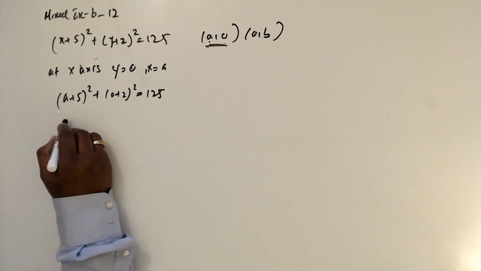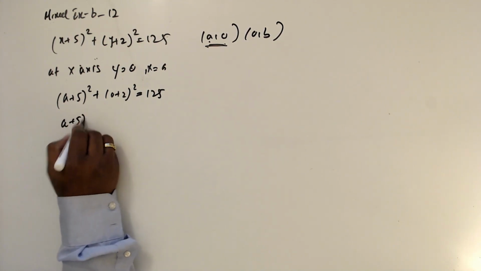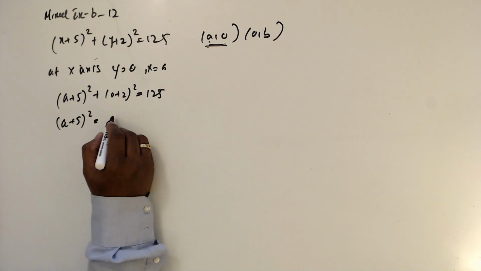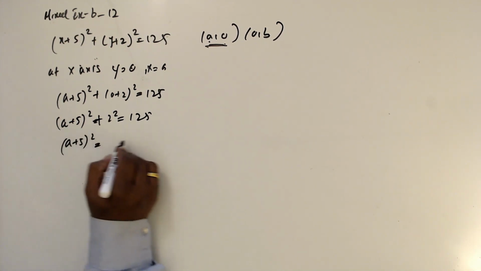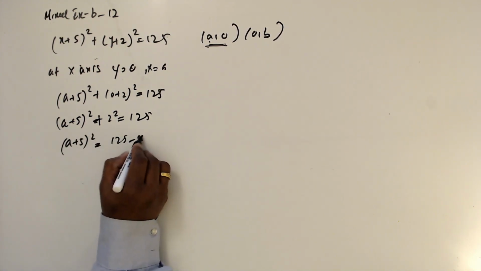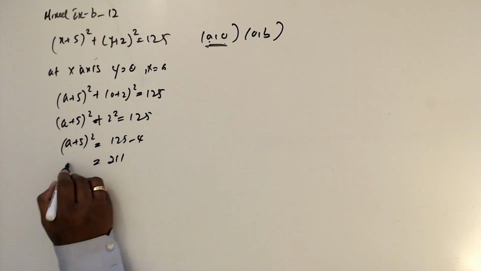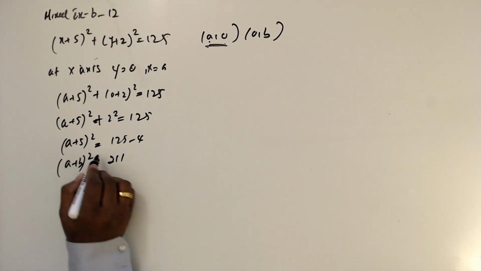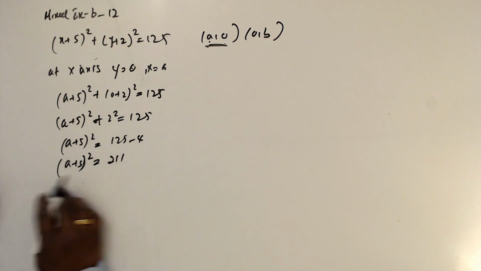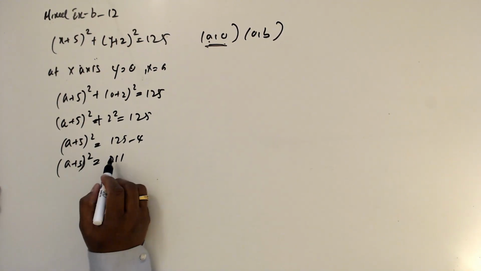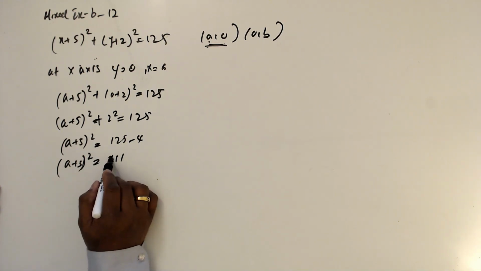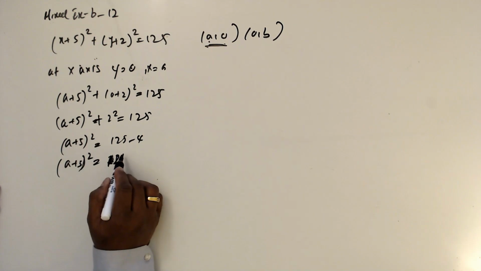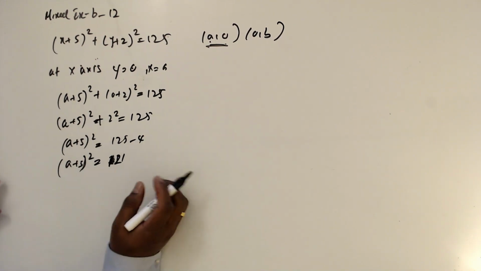This is going to be (a + 5)² + 2² = 125. (a + 5)² = 125 − 4 = 121. I can see that if I take a square root, it's going to be the square root of 121. So it's not a good answer.